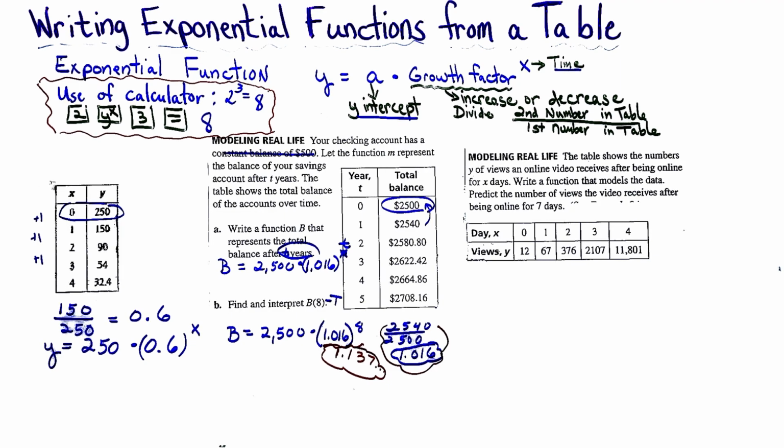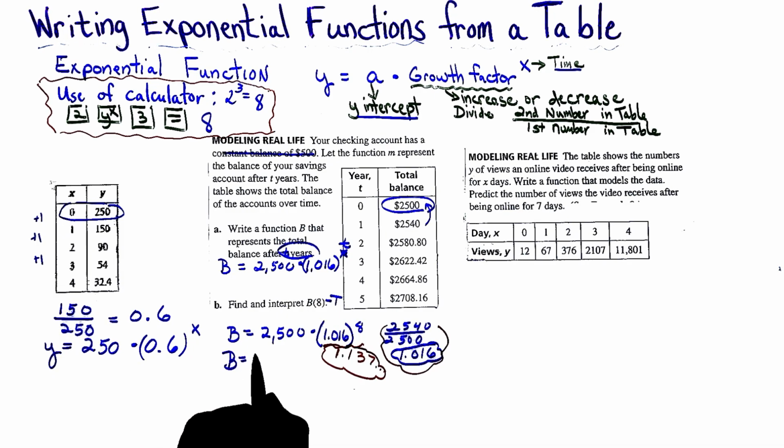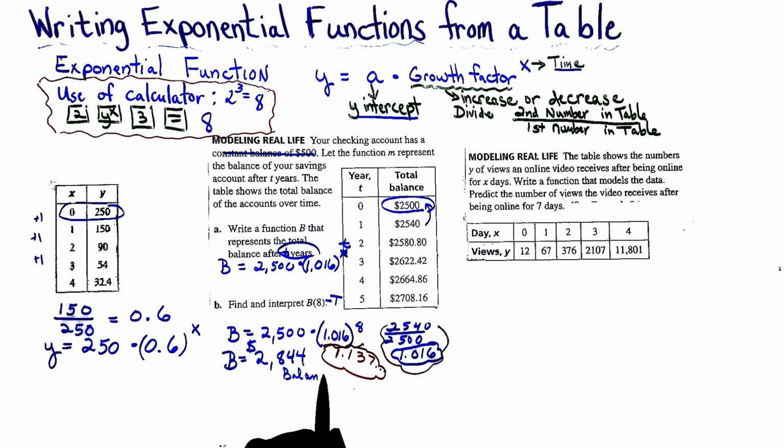All you're going to do now is multiply this number times 2,500. And when you do that, your balance in 8 years is going to be $2,844. And again, this is your balance after 8 years. Okay, not too bad.